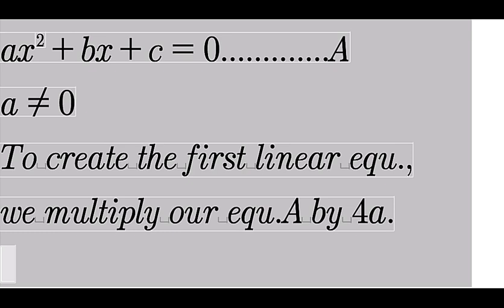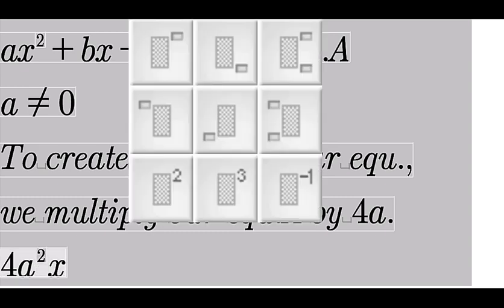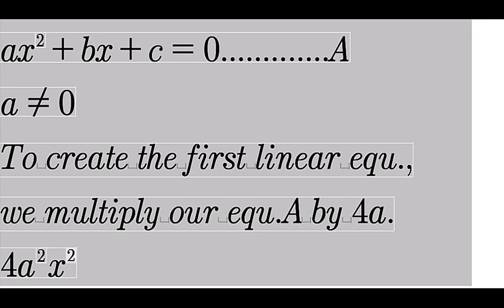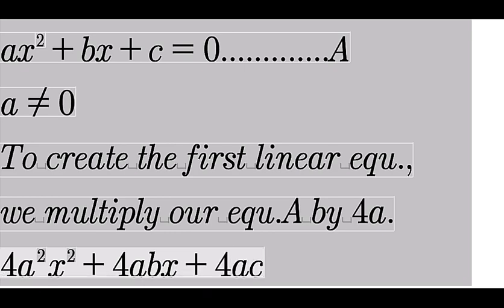So 4a times ax squared will give me 4a squared x squared, plus 4a times bx will give me 4abx, plus 4a times c will give me 4ac. 4a times 0 will give us what? 0, because anything multiplied by 0 is 0.